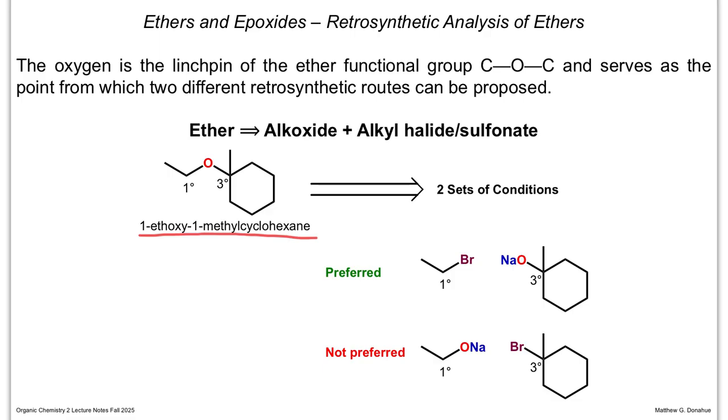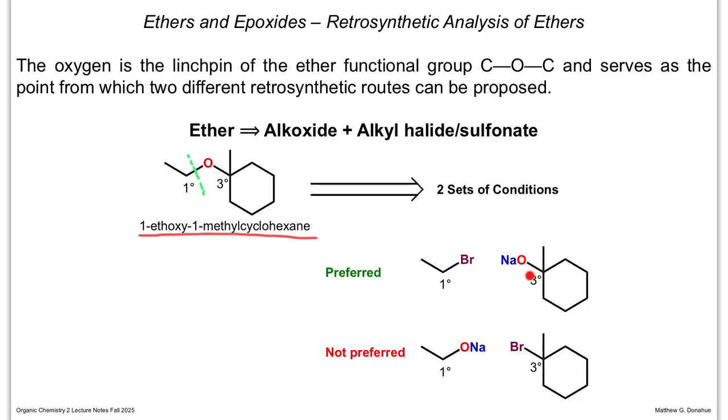So with the green arrow, that would be the preferred bond to break in terms of coming up with a pair of reagents to make that molecule. So when we do that, we see that primary carbon, if we put a leaving group on it, generates a tertiary alcohol of this form.